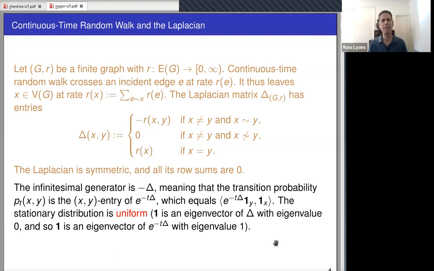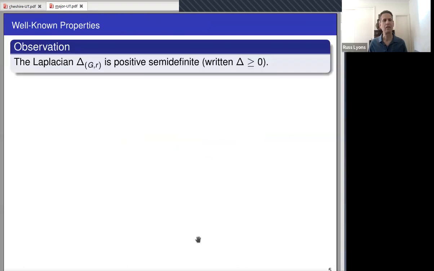More formally, the constant vector 1 is an eigenvector of delta with eigenvalue 0. That's the statement that the row sums are 0. And therefore, it's an eigenvector of e to the minus t delta, with eigenvalue 1, because e to the minus t times 0 is 1. So that's saying the stationary measure is preserved. Okay, or this uniform measure is preserved, stationary.